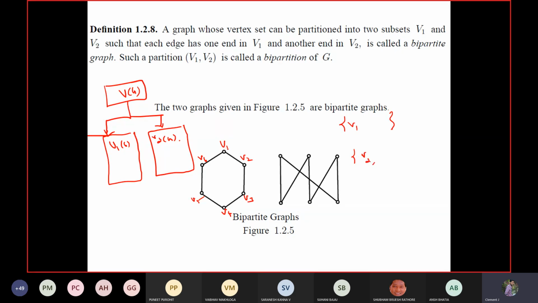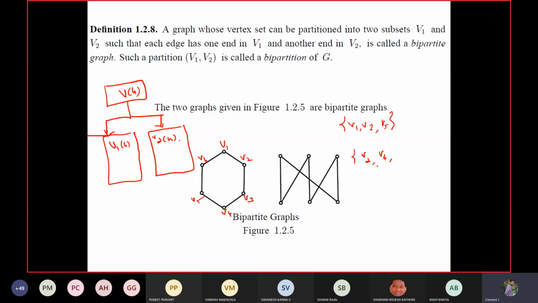So V1 is placed in the first set. V2 is placed in the second set. V3 can be placed in the first set. So by the way, V5 can be placed in the first set. Next, V4 will be placed in the second set. Can you guess what I have missed?